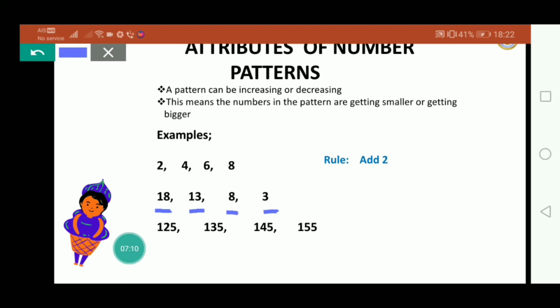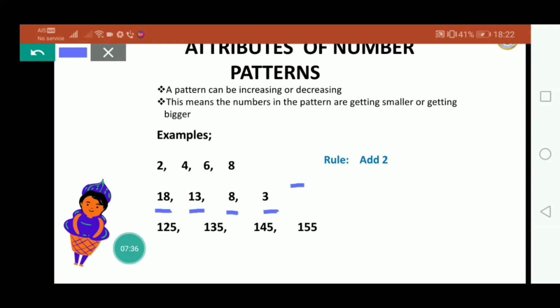Decreasing is from the biggest number to the smallest number. So this is subtract. We're going to do minus. Now, how many do they subtract on each number?